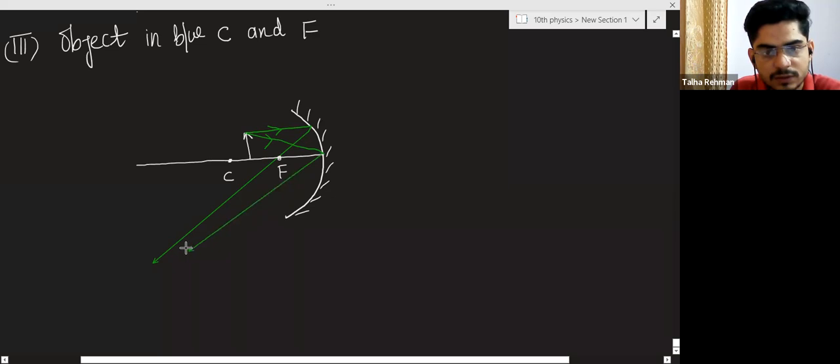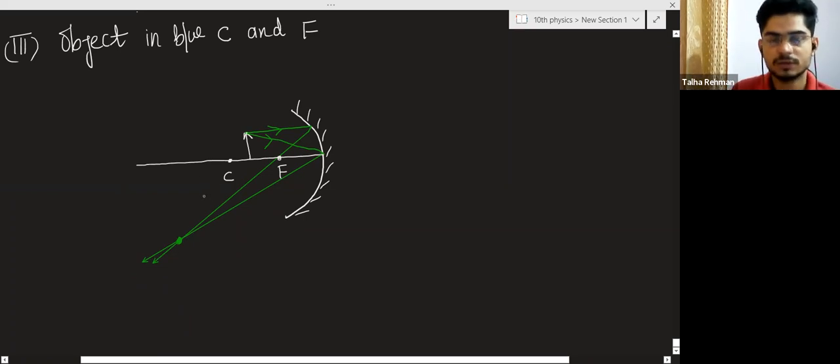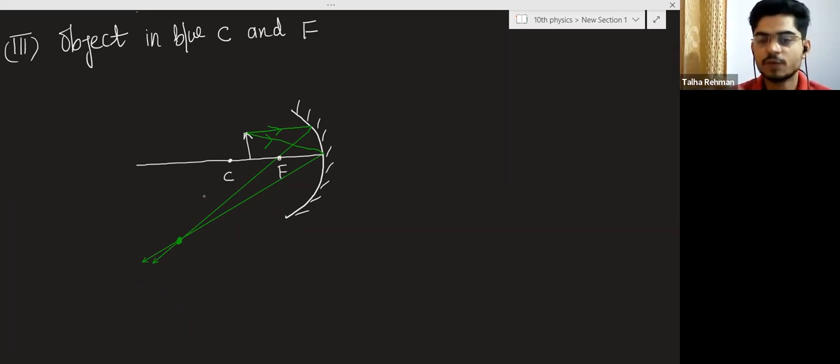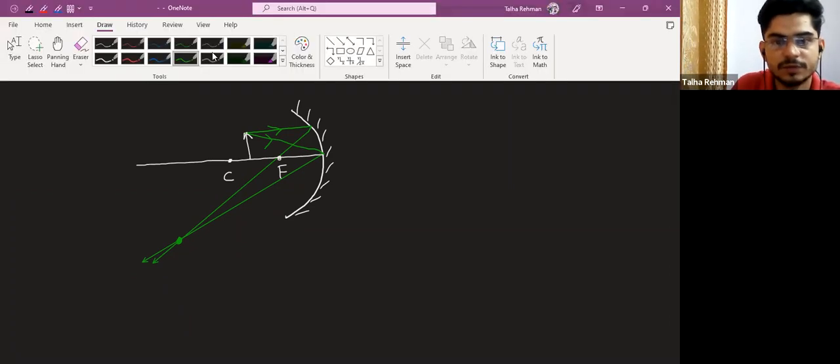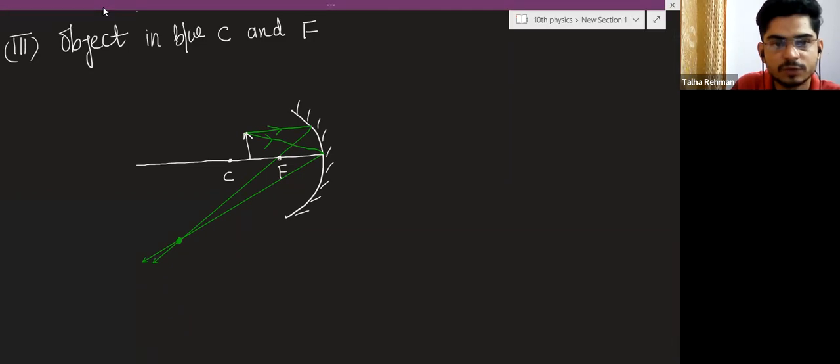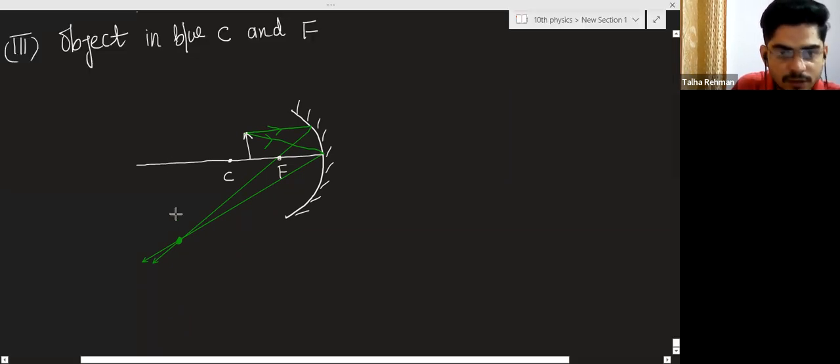It will meet this ray somewhere here at this point. And I have told you, at the point where the two rays are meeting, the image is formed. This is the image formation point. So this is the object, and the image of this object is like this.